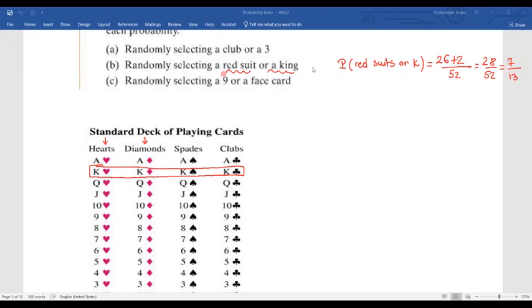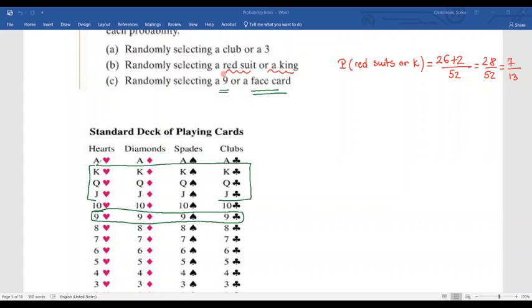Now, the next question is find the probability of selecting a 9 or a face card. Let's look for those outcomes. 9. I have 9 right here. And a face card. As I was saying before, face cards are these cards: King, Jack, and Queen. We have all of these right here. We have 3 per suit.